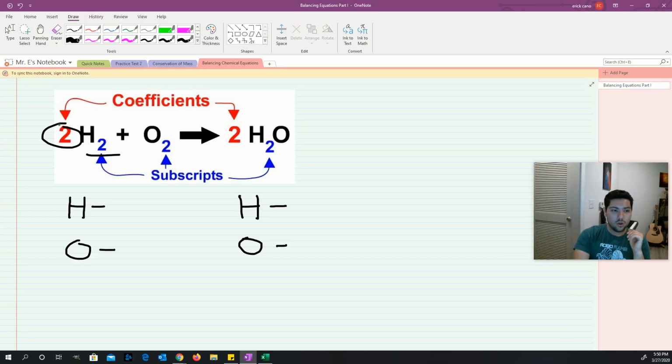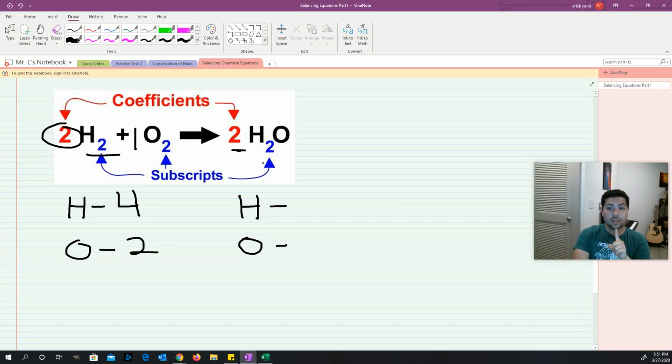So now there's 4 hydrogen total, okay? Oxygen doesn't have a coefficient, so just like math, we pretend that that's 1. So oxygen, there's only 2, and there's only 1 of those, so 2 times 1 is just 2, okay? And now this is important.